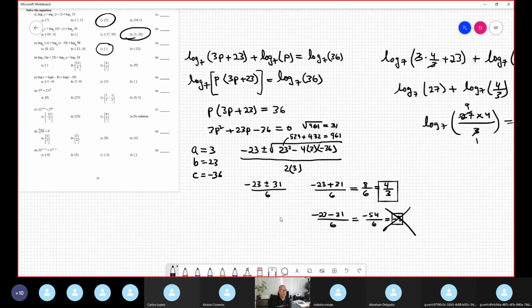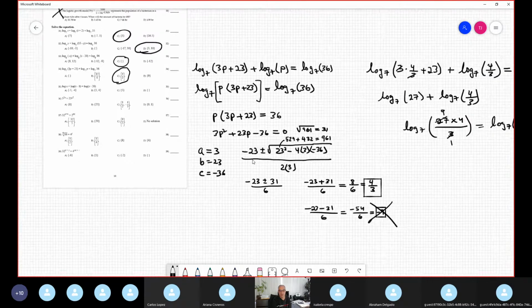Any question? This was a little bit more complicated because the numbers are horrible, and definitely one of those good examples to illustrate that when you don't see the combination of the factorization, you apply the quadratic formula.